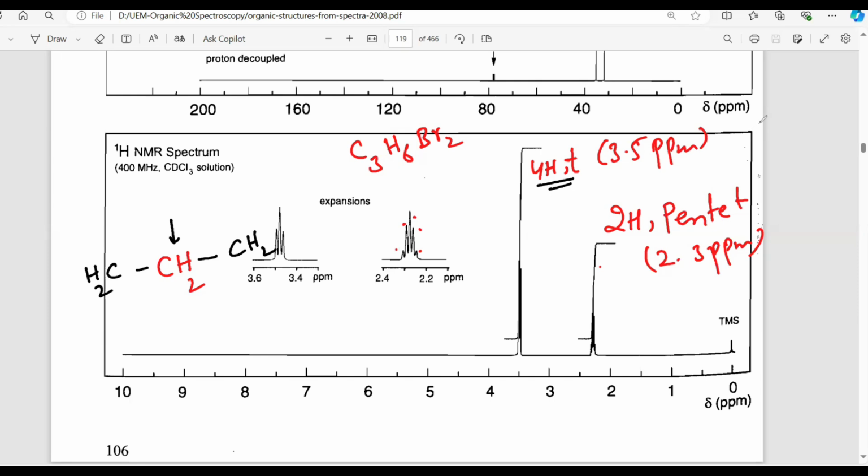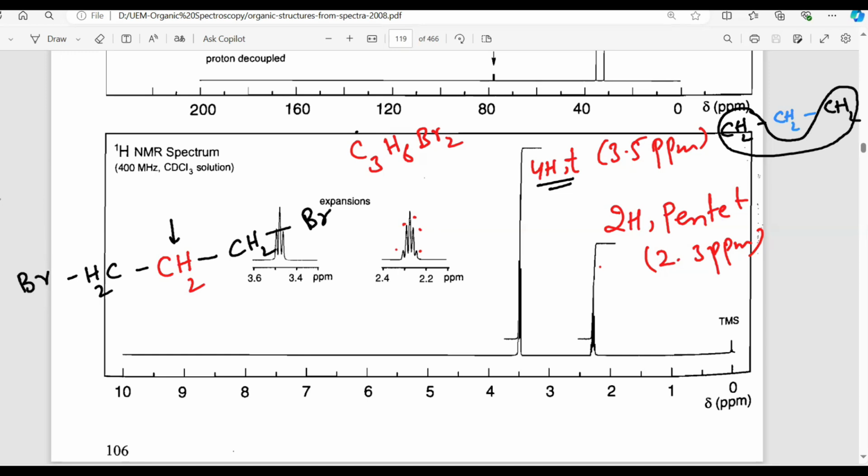Now, if you look at the molecule, we have to draw the 4 proton triplet as well. How can we draw the 4 proton triplet? So CH2, again, we have to keep the environment the same. These black hydrogens, if the environment is the same, this hydrogen and this hydrogen, they will give you a triplet. Now, if you look at the molecular formula, C3 carbon, 6 hydrogen, we have left only Br. So if I attach one Br on this side and one Br on this side, this is the structure of this unknown compound.